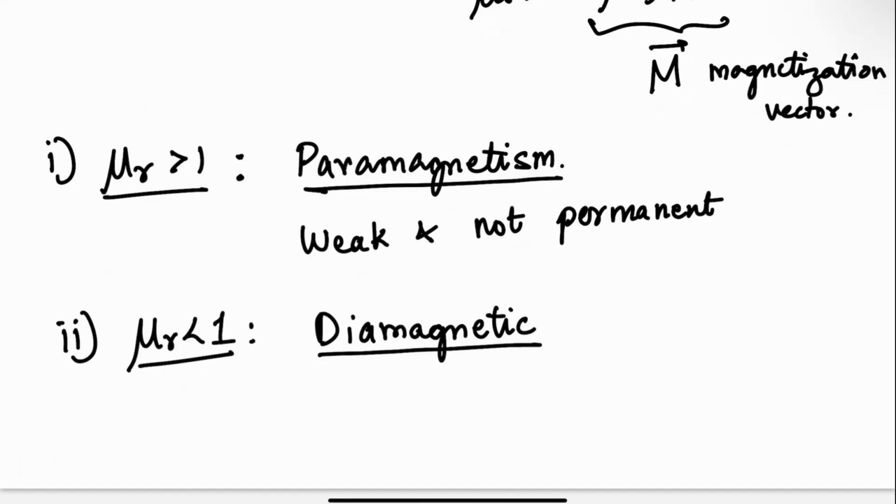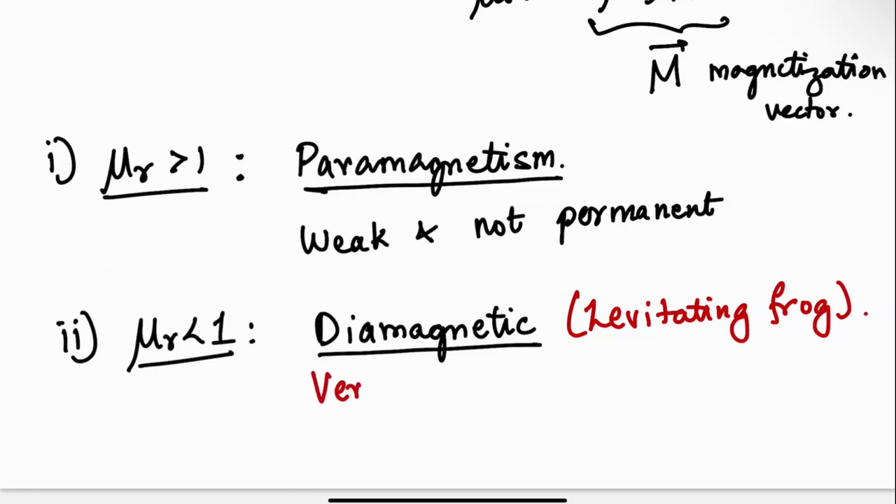There's an interesting experiment for levitating a frog on YouTube. They made a frog levitate because water, in fact, is a diamagnetic material. Most everyday materials like water and some metals have a very weak diamagnetism associated with them. Diamagnetism is basically when the magnetization vectors are in the opposite direction of the applied magnetic field. So it's a very weak phenomenon.